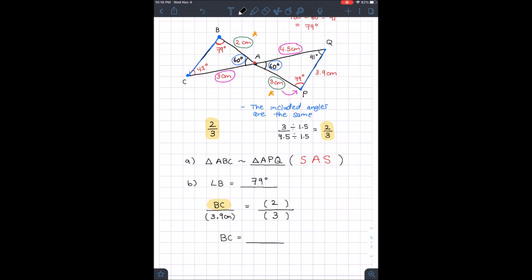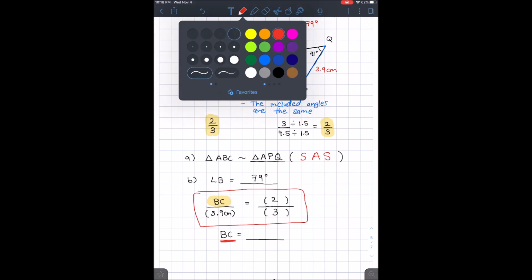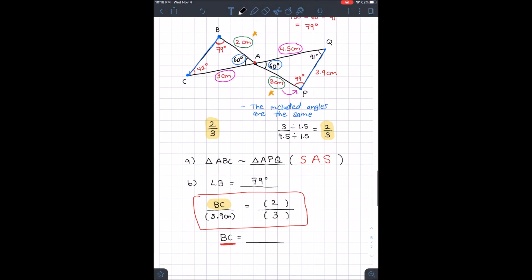Now we just have to find the value of BC. And how do we do that? Well, we can use this equation right here. You can treat BC as a variable and isolate for that variable. If you recall, when we did algebra in our first week of class, we can isolate for BC, and I'm going to do that here on the bottom.